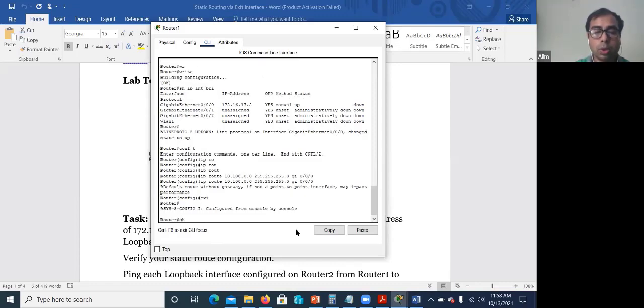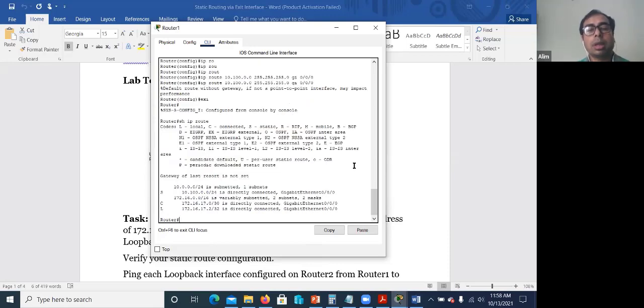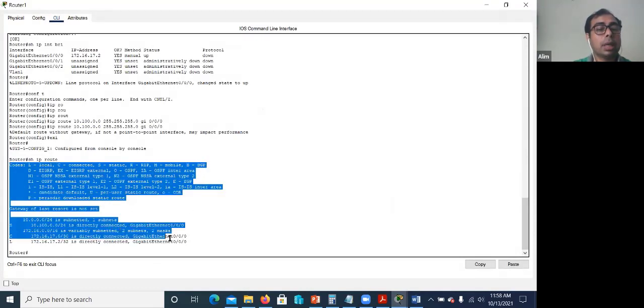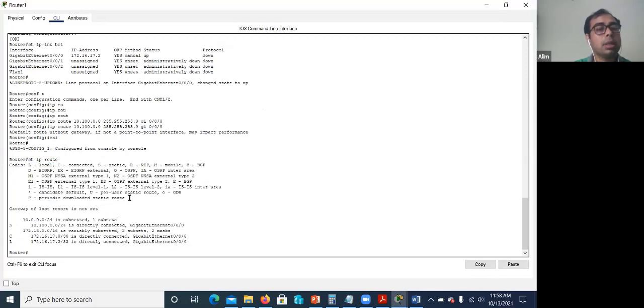Okay. Now show IP route. Let me check routing table. You can see the routing table. You have to develop your skill about reading the routing table. Routing table looks like this.